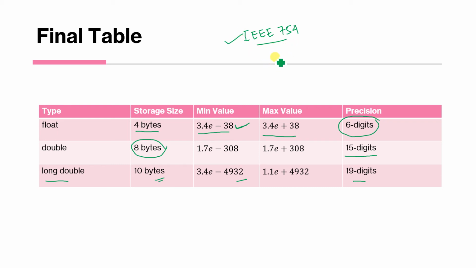If you belong to a computer science background, then you are about to take a course called computer architecture. There you will learn about the IEEE 754 format to represent a floating point number in memory.